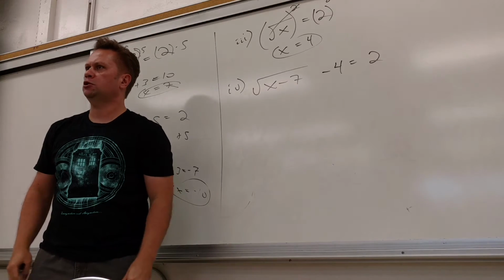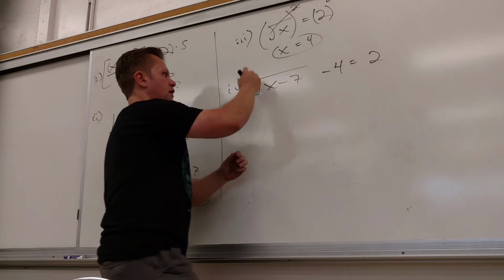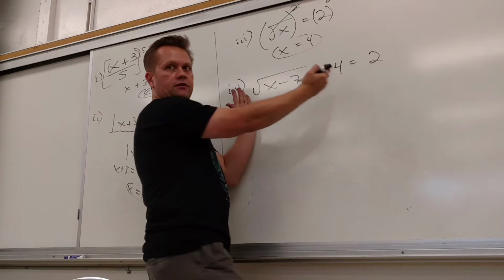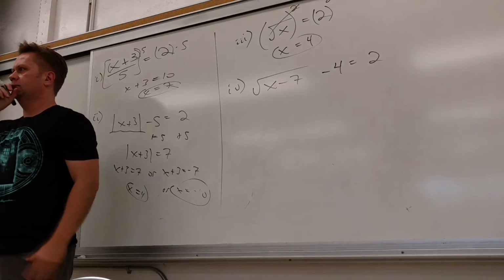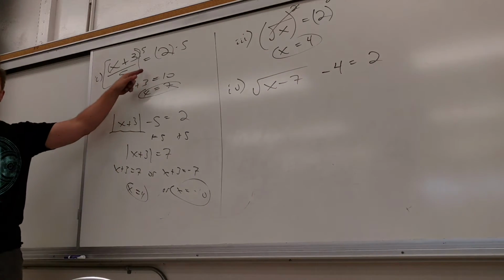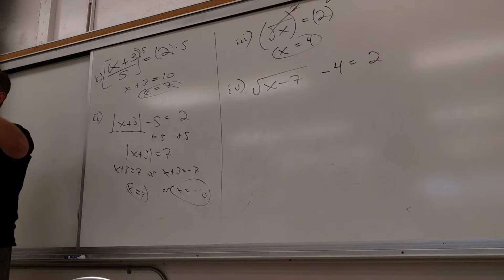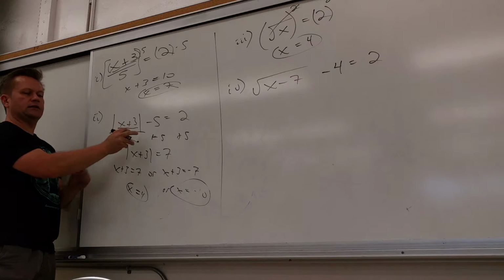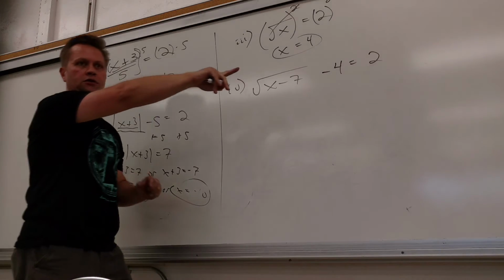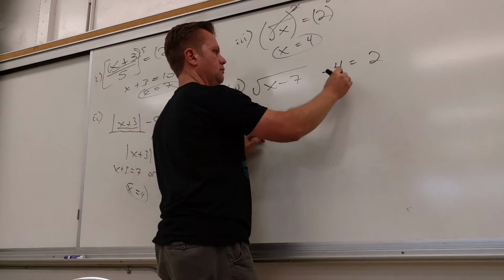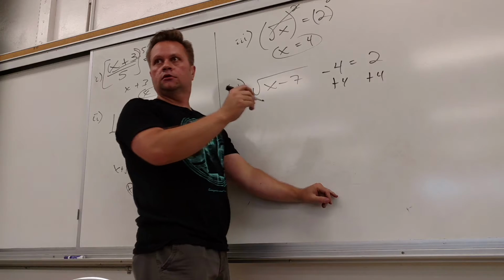No, that's not right. If I square both sides right now, I'd have to FOIL this. Oh my God. So the point here was, things are possible, or at least easier, if you isolate the thing that has your x in it first, right? So what's the first thing I should do? Add 4.